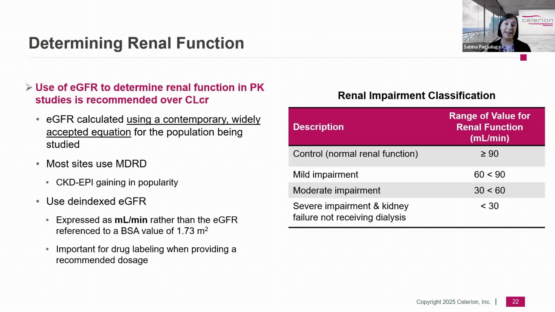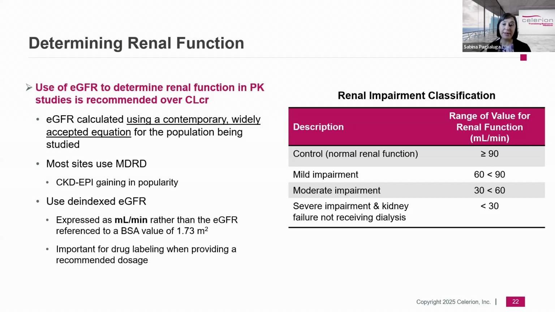Because of the widespread availability of eGFR in current clinical practice and the limitations of creatinine clearance, the FDA recommends using eGFR for these types of studies. Now, they don't provide a specific formula, but in the past, the MDRD had been widely applied, yet the CKD-EPI equation is gaining in popularity.